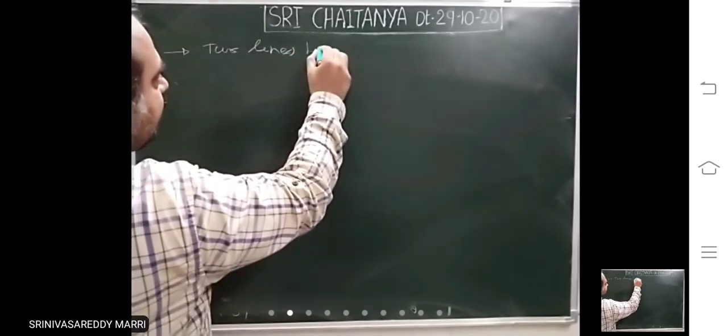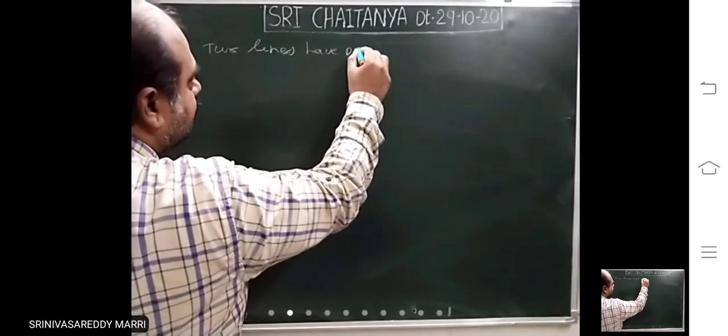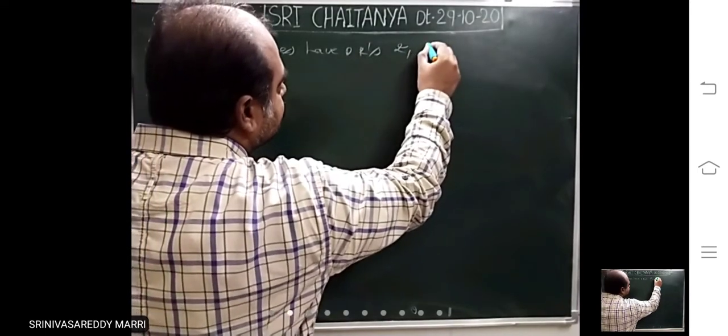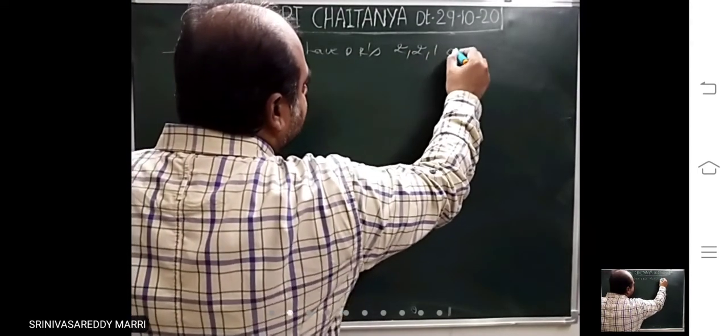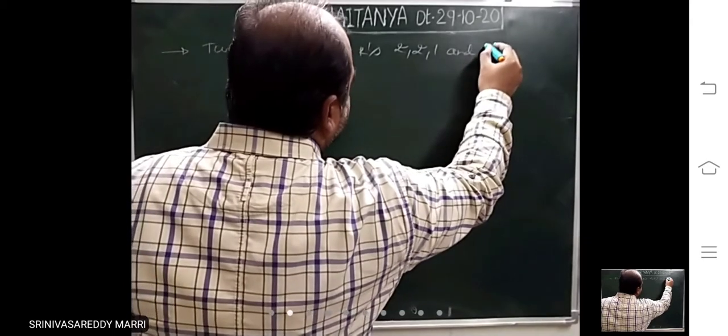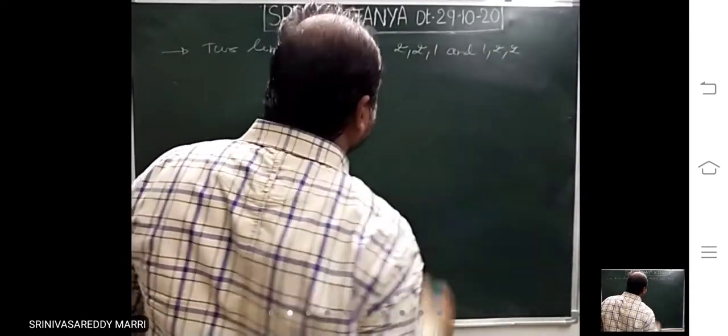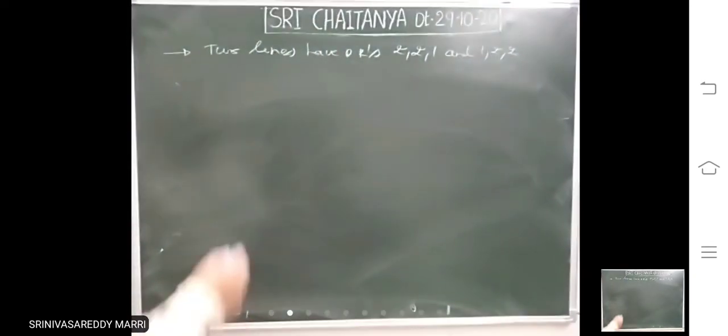Two lines have DRs 2, 2, 1 and 1, 2, 2. DRs of two lines are given.